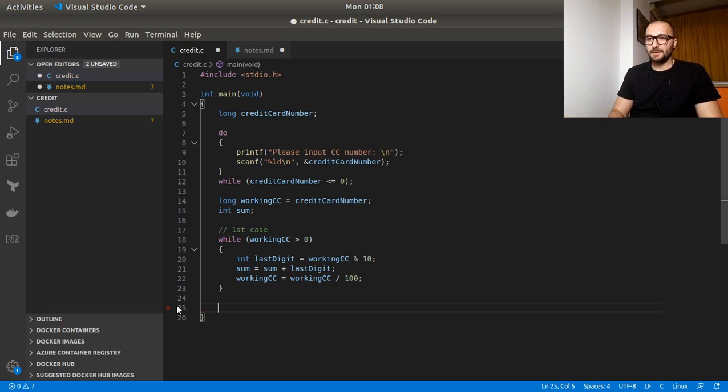So for the second case, actually we will need to replenish working cc. So second case, working cc equals the credit card number, and we will divide it by 10. Okay, so we will start with the second to last digit.